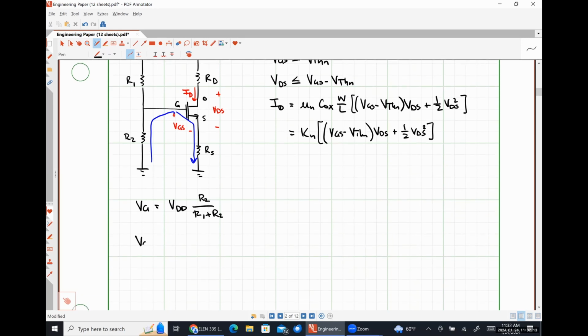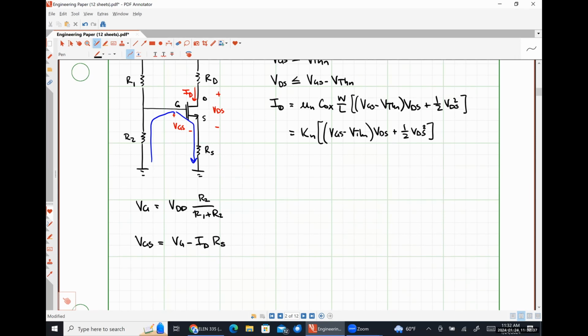Then we have VGS is equal to VG minus ID times RS. So that's just KVL around that blue path and then rearranging things a little bit.